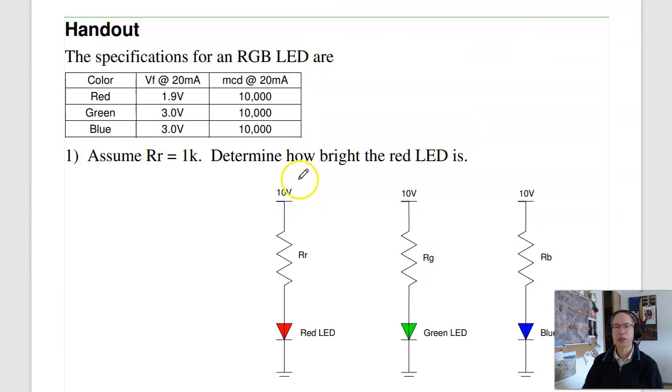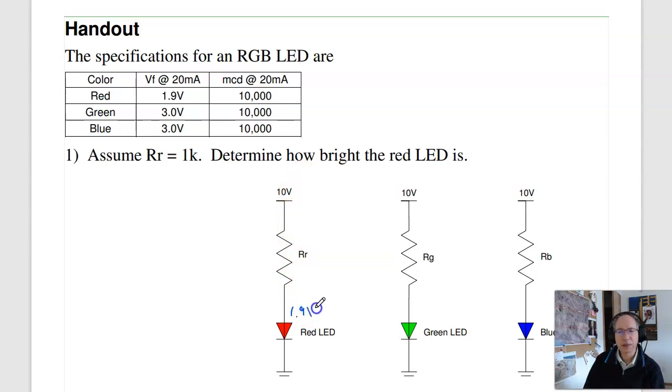So to do that, if all these are 1K, the red LED's got 1.9 volts right here. The voltage drop across the resistor is 8.1 volts. 8.1 volts at 1K is 8.1 milliamps. And the brightness then is proportional. It's this percentage of full current, rated current is 20 milliamps.